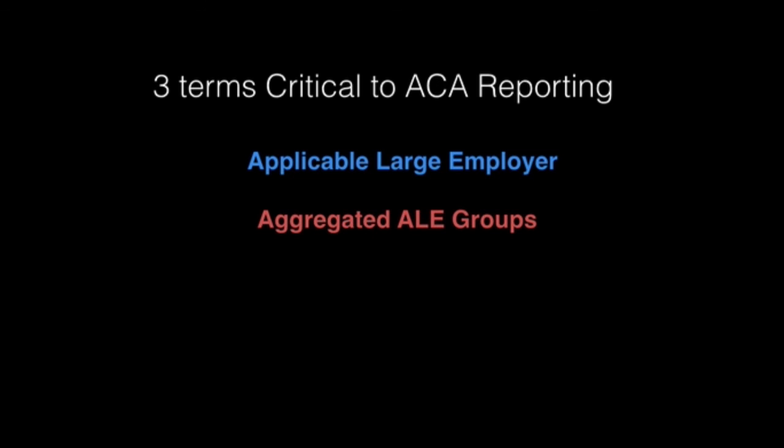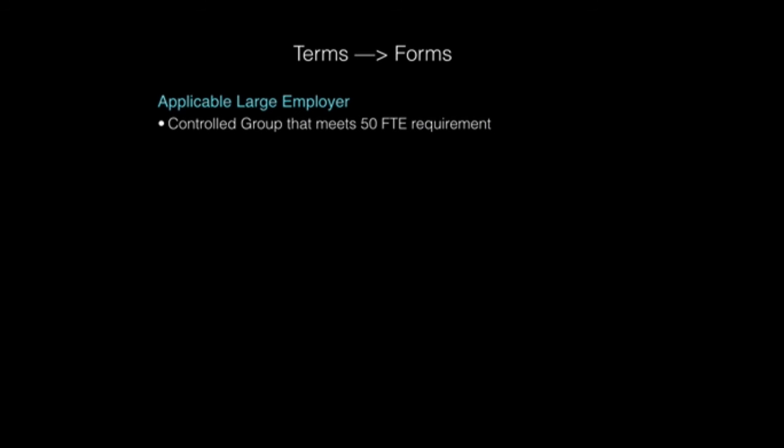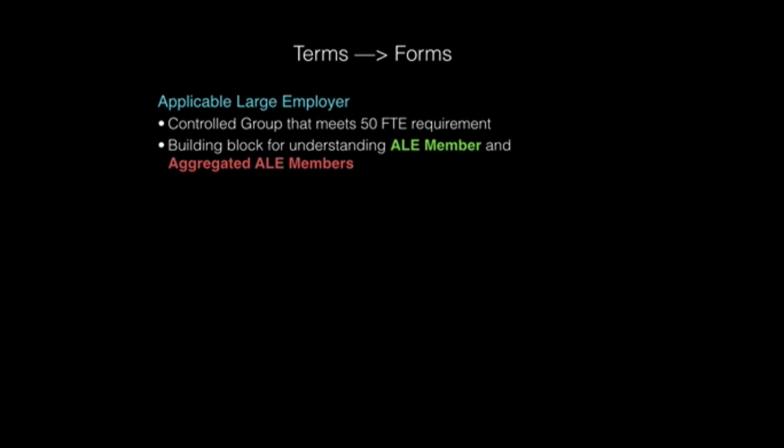Let's summarize three terms critical to ACA reporting that we've just gone through for you. The first is applicable large employer. Second, aggregated ALE group. Third, ALE members. Now let's talk just a little bit about how these translate to forms, where they show up. First, we have the applicable large employer. And again, that's a control group that meets the 50 FTE requirement, and it's a building block for understanding ALE member and aggregated ALE group.